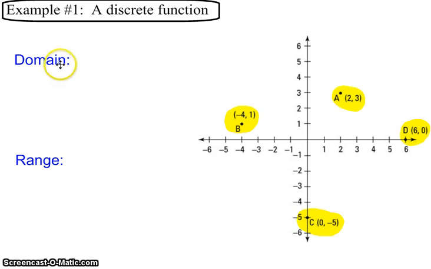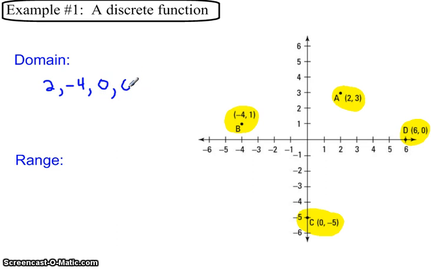So the domain, again, is all the possible x values. So all we have to do is list all the x coordinates for each of the 4 points. So I'll just go in order from A, B, C, D here. So the x coordinate for the domains here are A has a 2, the B has a -4 as an x, C has a 0, and D has a 6.